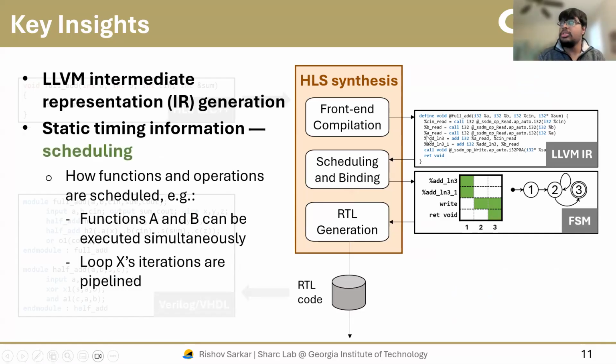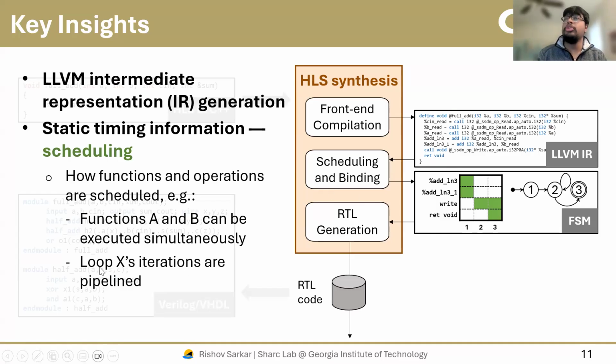We look at each instruction in here, and the Vitis HLS tool will generate a finite state machine from it. What this finite state machine does is decide when each operation in the LLVM IR is going to execute. So if you have 2 adds and they don't depend on each other, then Vitis will say, oh, I can put these in parallel, so let me schedule them into the same state of this finite state machine.